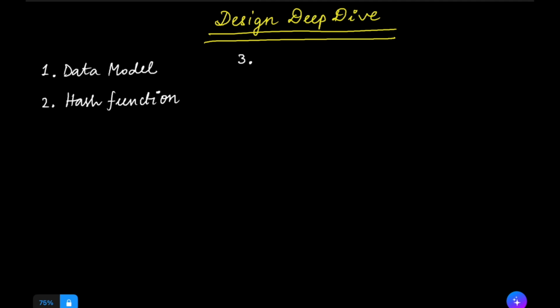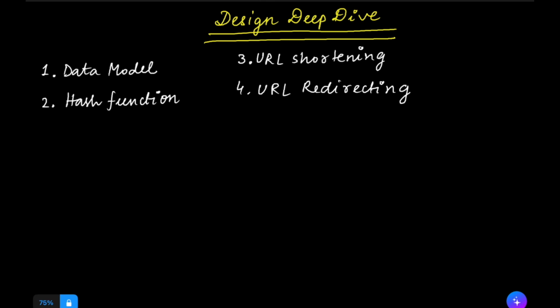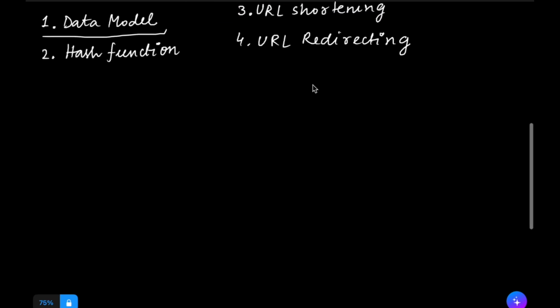Third, we will be looking into how URL shortening happens, and fourth is URL redirecting. So we will be diving deep into the details of how things happen in a system architecture. So first let's start with our data model, which is the first topic of today's.